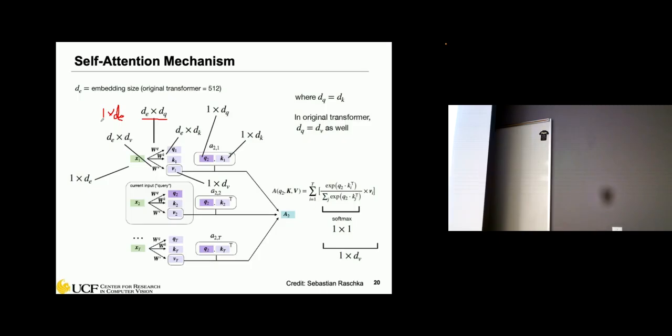Because these weight matrices are d times dq, where d is equal to the input dimension but dq you can specify, you can reduce it to a much lower dimension, from 512 to 64. In this case, later when you do the matrix multiplication and dot product, you don't have to involve so much computation.